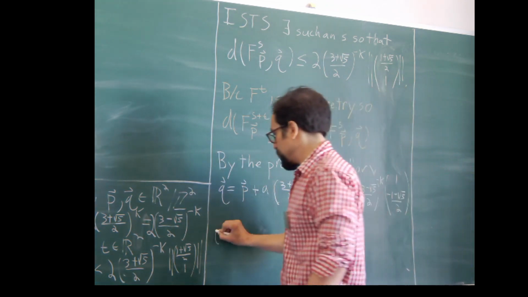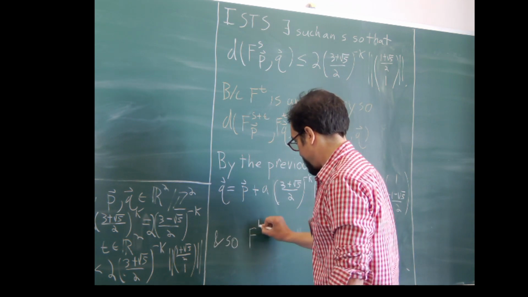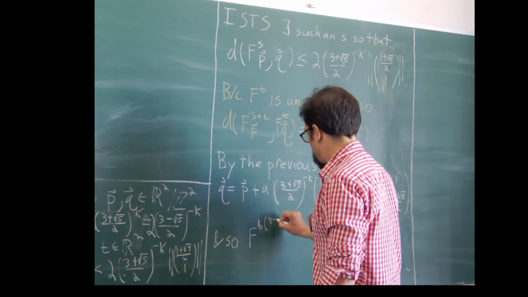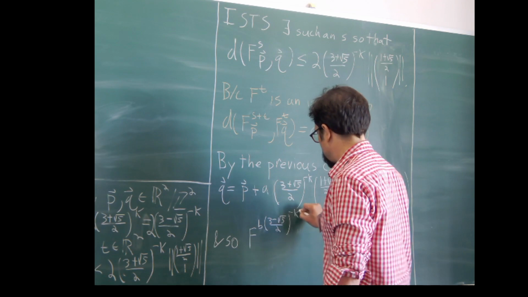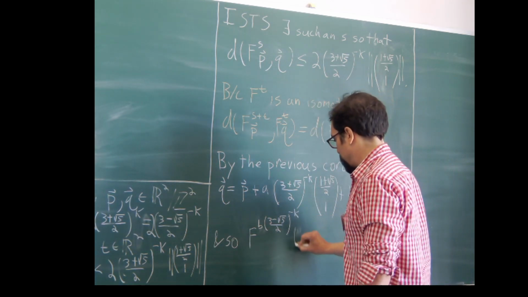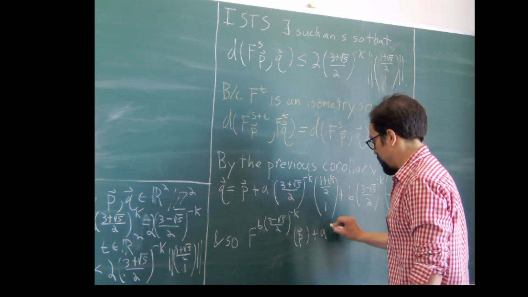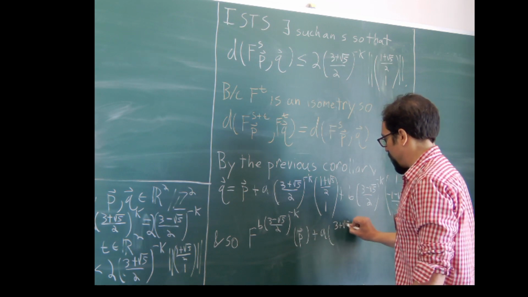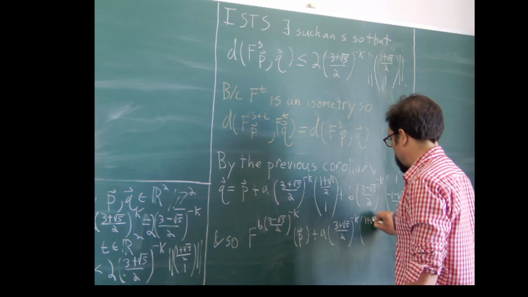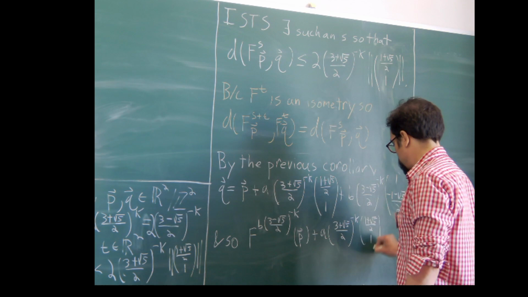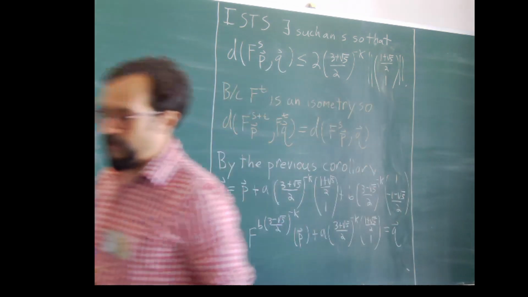Okay? And so F to the B times (3 minus the square root of 5)/2 to the minus K times P plus A times (3 plus the square root of 5)/2 to the minus K times (1 plus the square root of 5)/2, 1 is equal to Q. So let's just say what I've done.